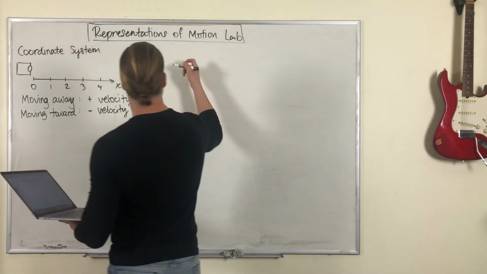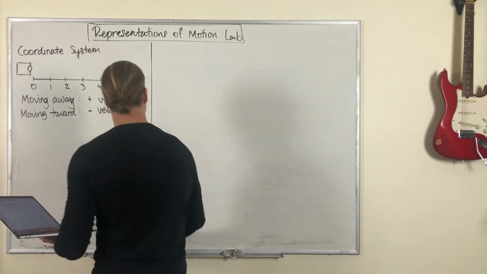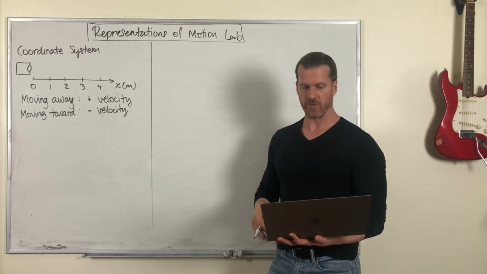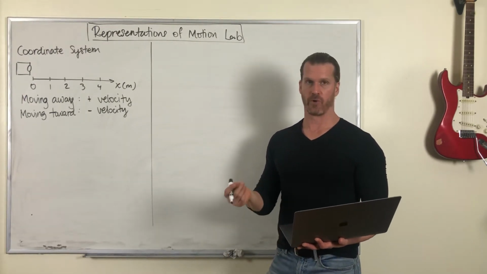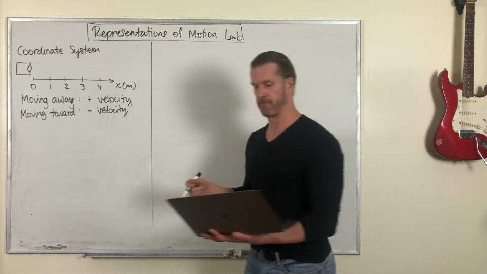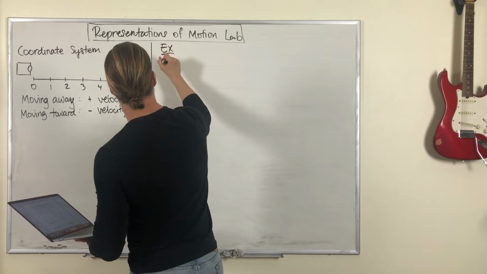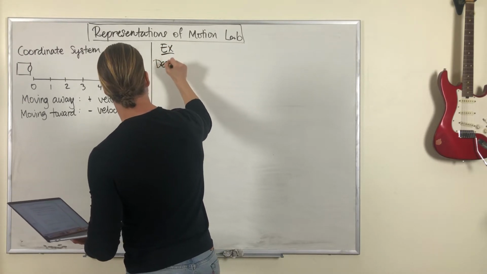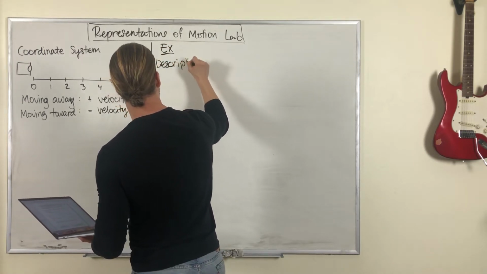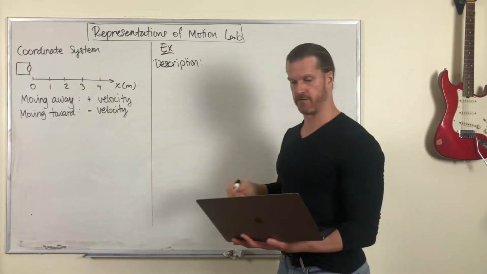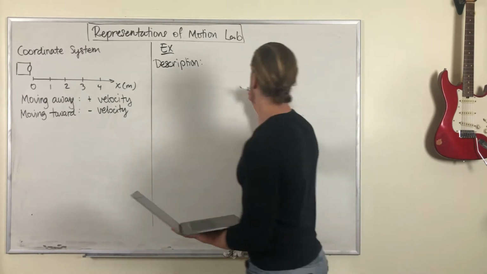All right, so for all of these we have a description and 3 graphs. And we want to fill out all 4 of those things, description plus 3 graphs. So in this example, we have a description. It says move toward the sensor at constant speed.